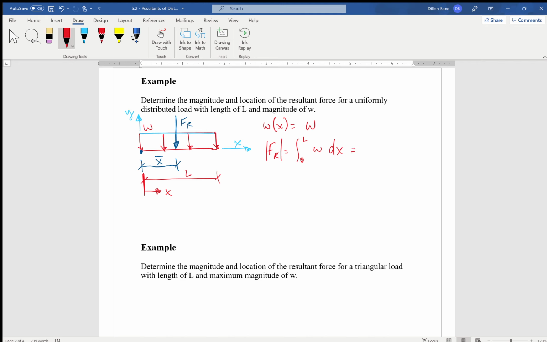If you integrate this, we get W times the integral of dx evaluated from 0 to L, and the magnitude is just equal to WL. I'm sorry, my mind is not working this morning.